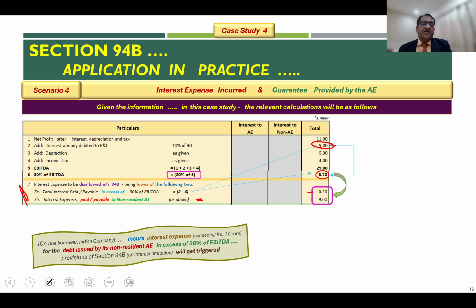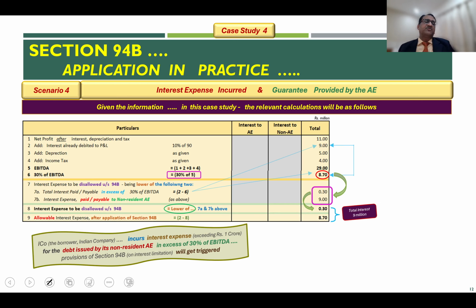In this case, it will be deemed that the amount has been paid to the AE because the debt has been guaranteed by a deemed AE. And therefore, the lower of these two numbers will be the disallowance. So the lower of 0.3 million and 9 million, 0.3 million, will be disallowed by operation of Section 94B. So what will be allowed to you is 8.7 million. Right? That's how it is.